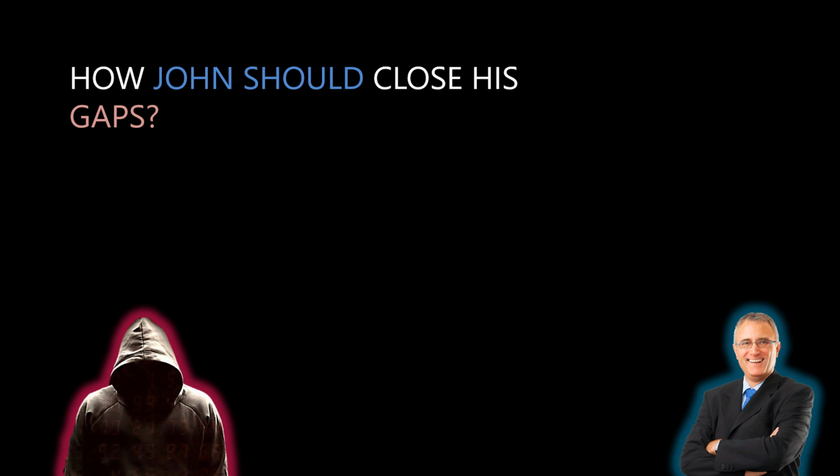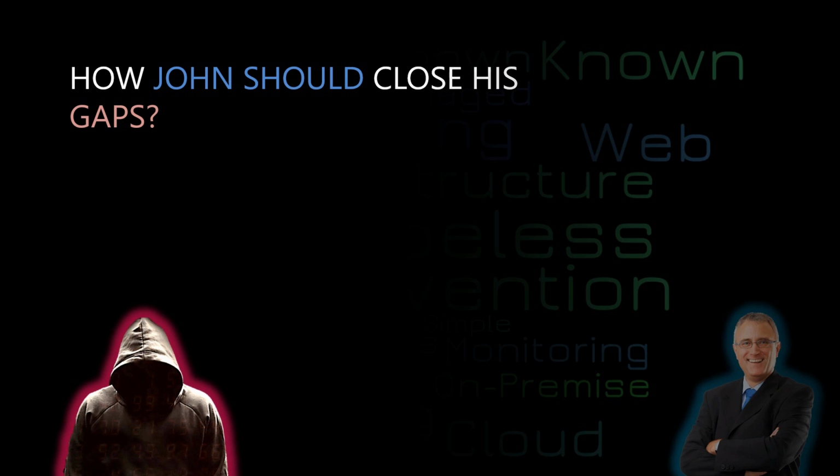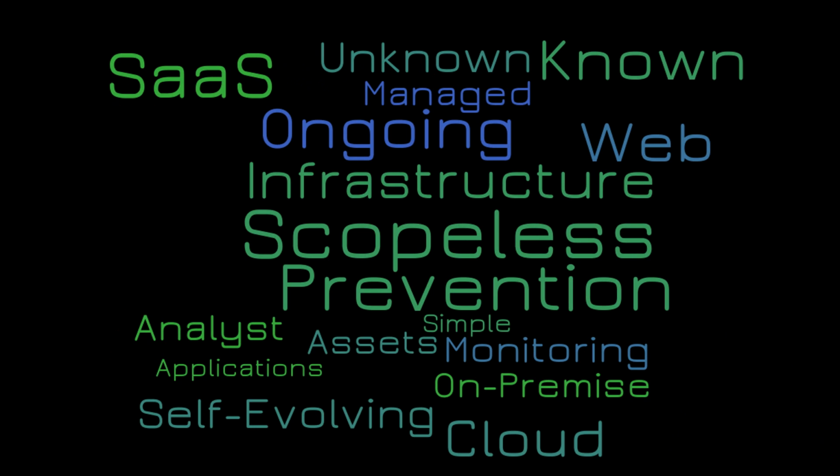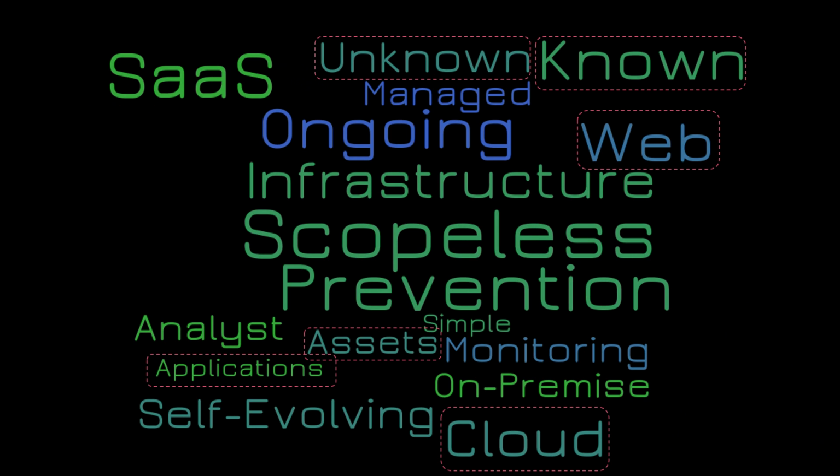Now the question rising here is how John should close these gaps. How can John really handle these attacks on the connections of his website? So John needs a solution that knows how to map all the assets that the website is using, all the cloud instances, and all the applications that the website is using.